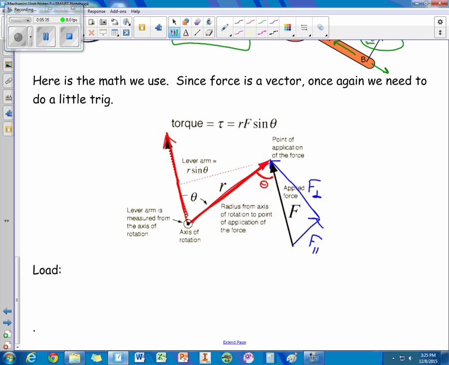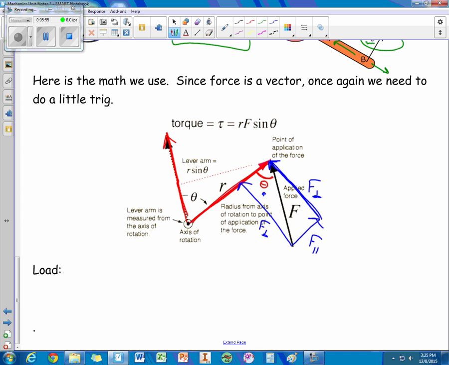Well, there's a rule about vectors which says once you draw a vector, as long as you keep its length the same and its arrow pointing the same direction, you can move it wherever you want to. So I can move this vector right here, putting it opposite of that angle.